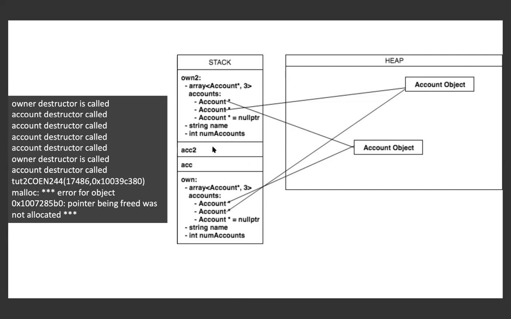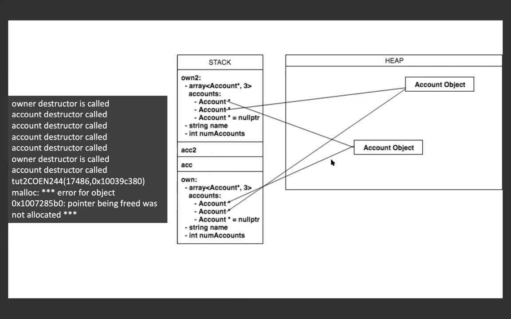Now account ACC2 is popped out and destroyed, ACC is popped out and destroyed, and now it is turn for own, the owner object that has these values. The destructor will start going through every item in the array of these pointers. It will start with the first pointer. The value will not be null pointer because we basically initialized it first to null pointer, but then we put something there, so it still has an address.